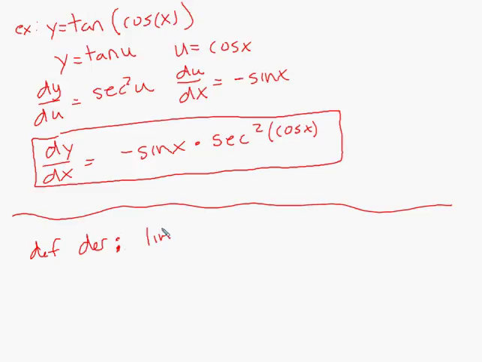It's the limit as h approaches 0 of f of x plus h minus f of x, so you have two pieces to evaluate, divided by h. Don't forget this, because you might come across something we won't have a derivative rule for, and then you would have to revert back to this one.